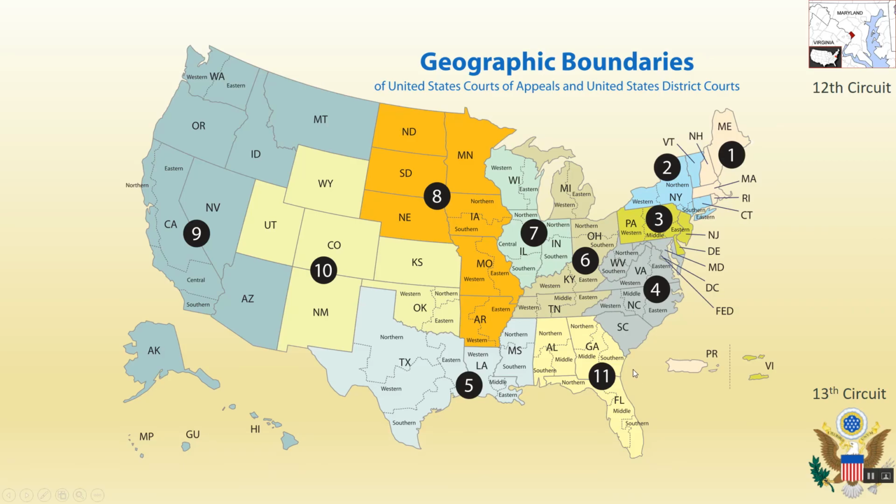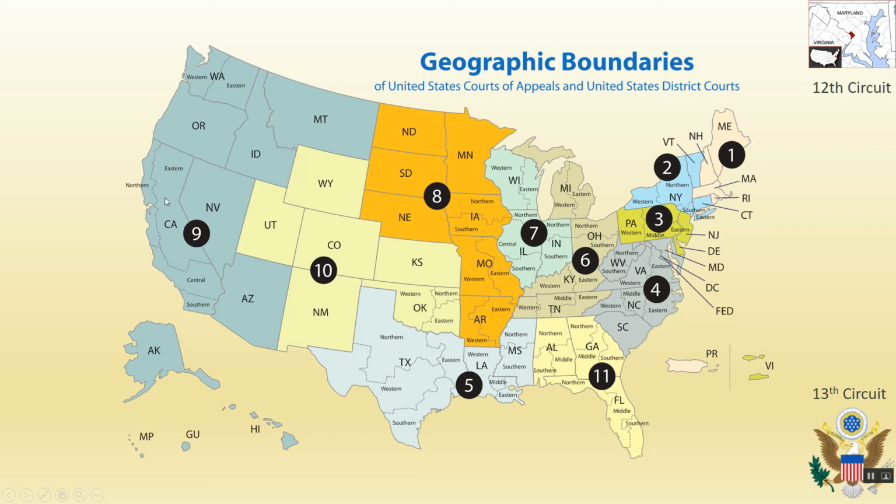To understand this, let's jump back to our map of the geographic boundaries of the different courts of appeals, of the different circuits in our country. Remember from prior slides that the Ninth Circuit Court has power and authority to decide how to interpret and apply the law in the Ninth Circuit when dealing with appeals to decisions made by district courts in the Ninth Circuit.